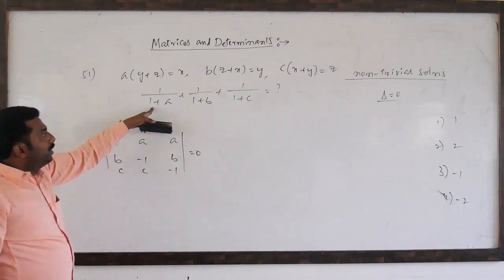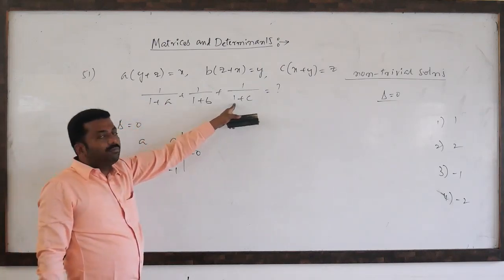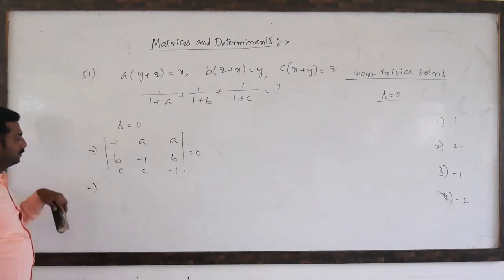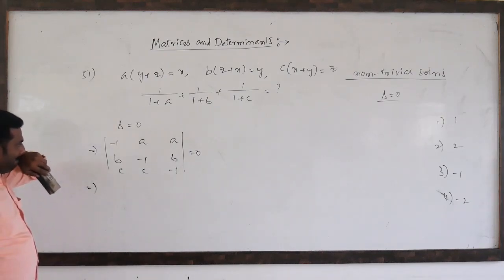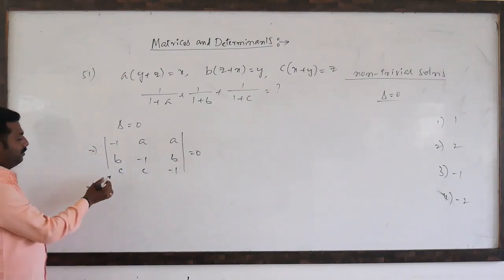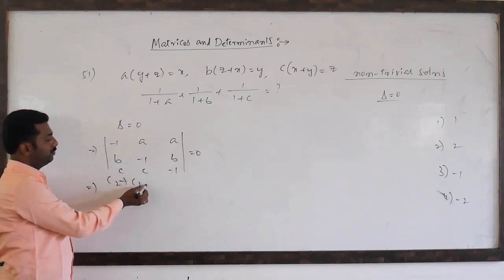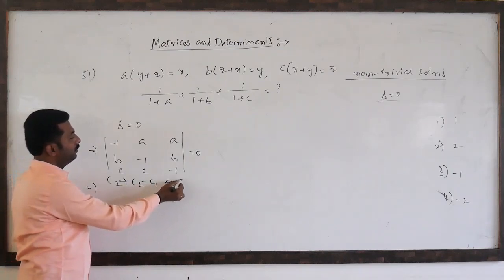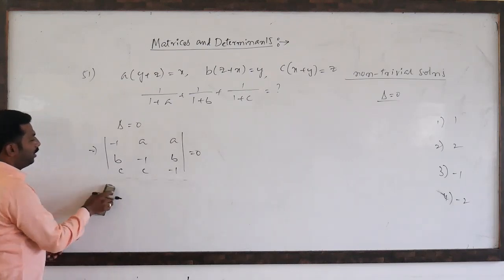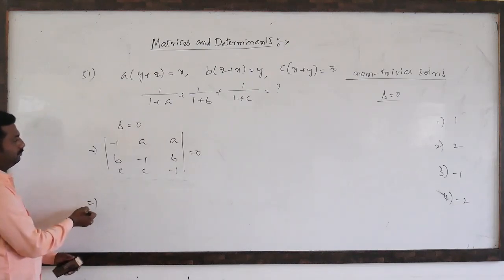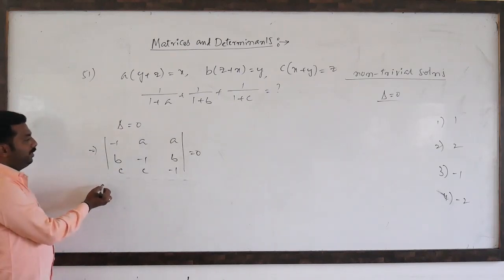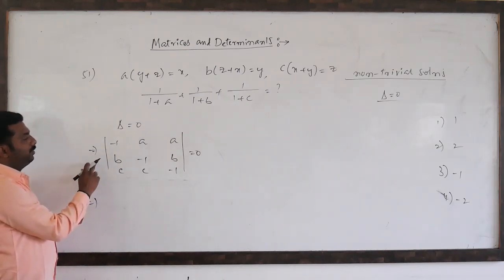Which type of terms we required? 1 plus a, 1 plus b, 1 plus c. This type of terms how will we get? C2 changes to C2 minus C1, or I will take C2 changes to C2 minus C1.